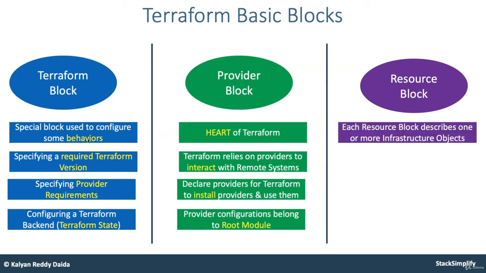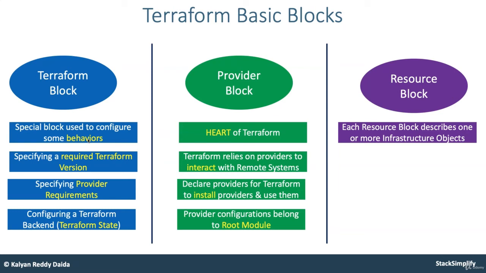Another important thing is the resource block. We know the Terraform block is for defining settings, and the provider block, which is the heart, is for interacting with the respective endpoints, which are nothing but the respective clouds, AWS, Google and so on. After interacting with them, we need to provision the resources, which means we need to provision an EC2 instance, or a S3 bucket.